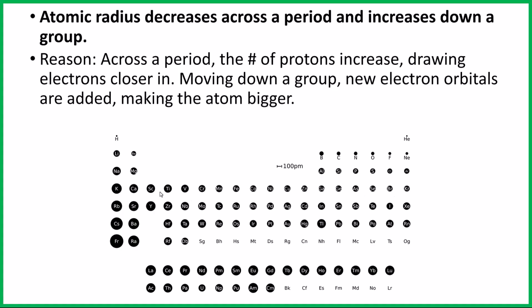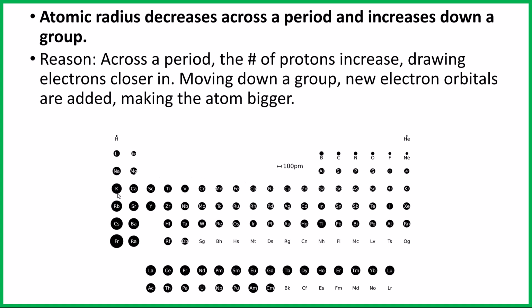And as we do that, because atomic number is the number of protons, we are increasing the number of positively charged protons across this period. And because they have a greater positive charge, these atoms over here are able to draw the negatively charged electrons closer into the nucleus.